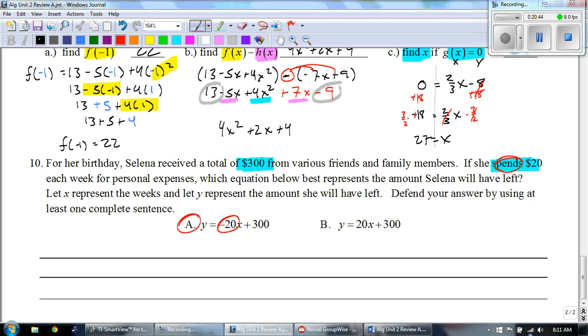All right, so to defend it using an answer, we would say, since she is spending money, the slope should be negative. Okay, and that's where that negative 20x comes into play.